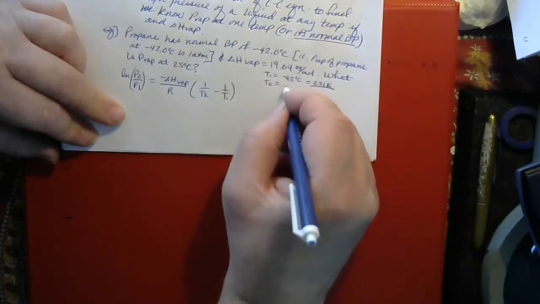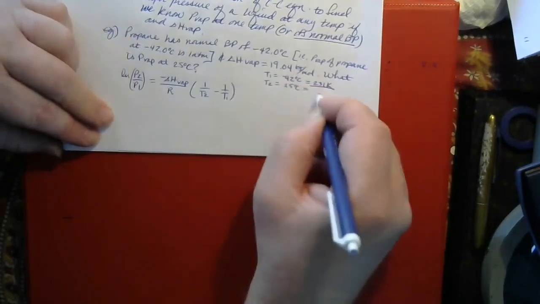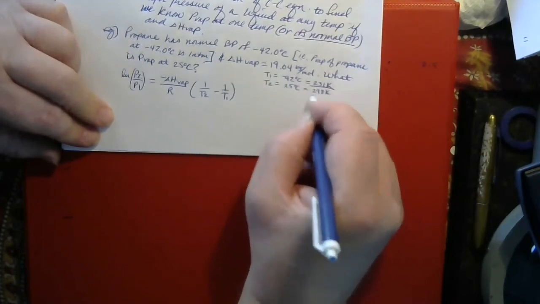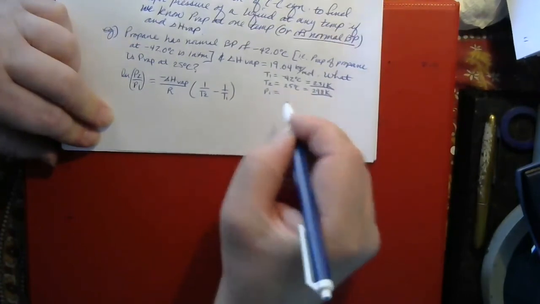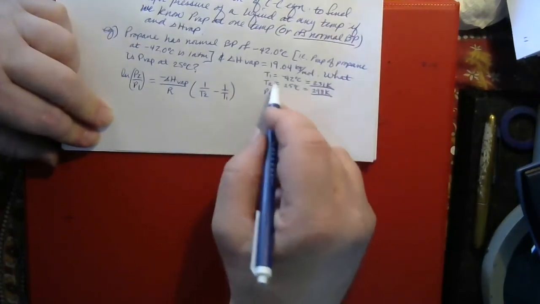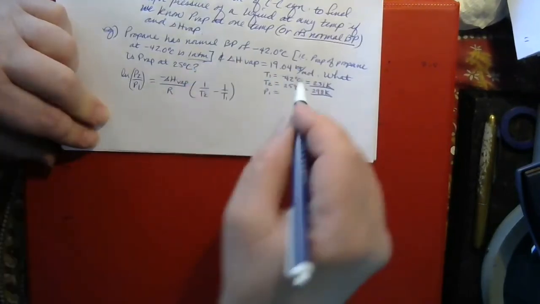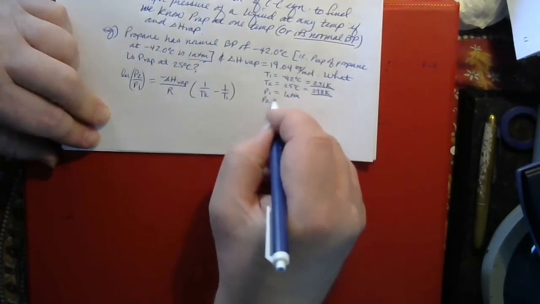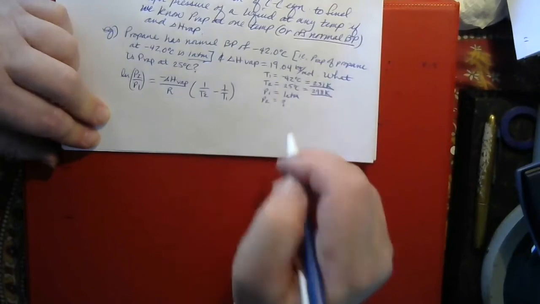Temperature 2 would be the temperature that's cited in the question. That's 25 degrees Celsius, or 298 Kelvin. Pressure 1, the pressure that goes with temperature 1, is 1 atmosphere. P2 is the pressure that goes with temperature 2, and that's the unknown.